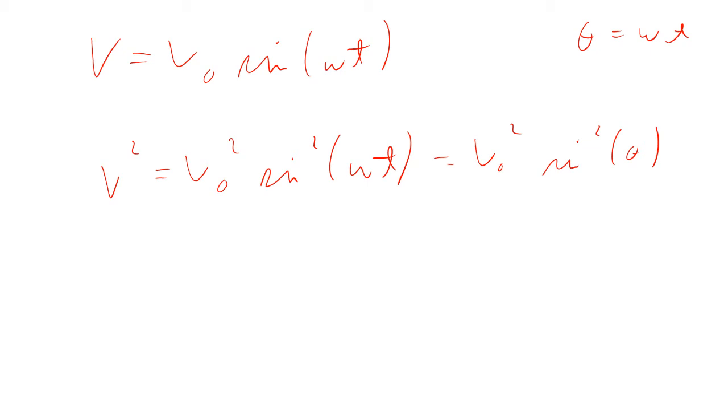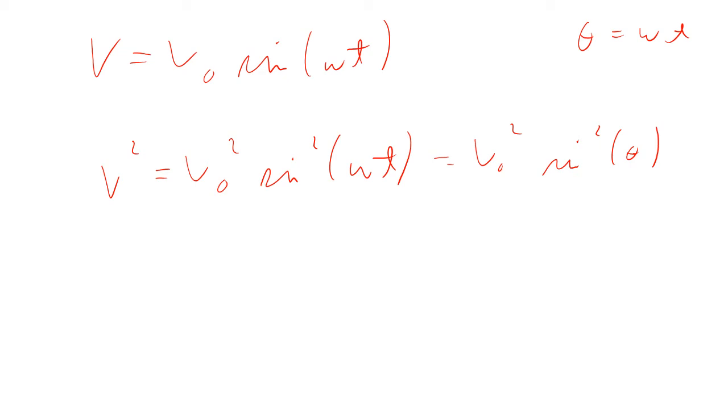The average over time would be like the average over one period, and one period would be when theta goes from 0 to 2 pi. The average of something like this, we have a function here, and we want to find the average value. So how do we find the average value of a function?